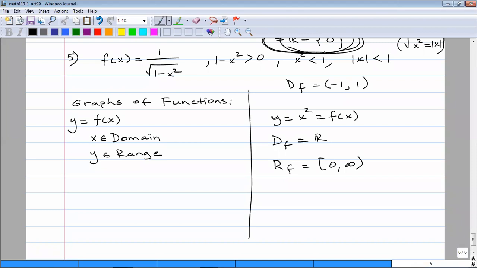So -1 is in the domain, but it's not in the range. I hope this clarifies it. Domain is the input, range is the output.